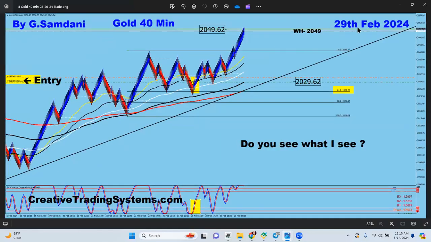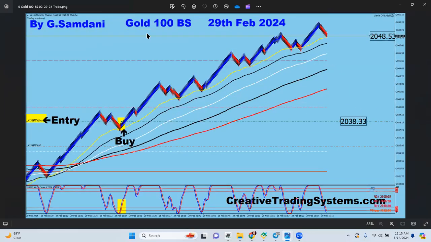This is again on the 29th, a buy entry from 2029 all the way to the 2049 area. Long. This is another one on the 29th, entry from 2038 to 2048. The SL didn't move, I forgot to move the SL.